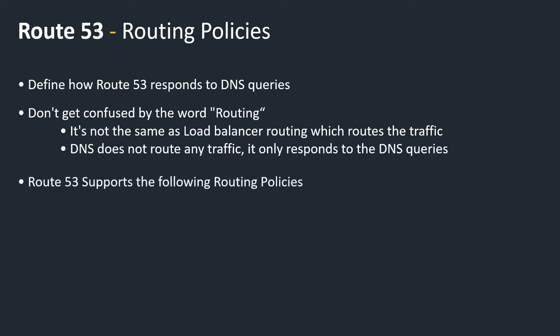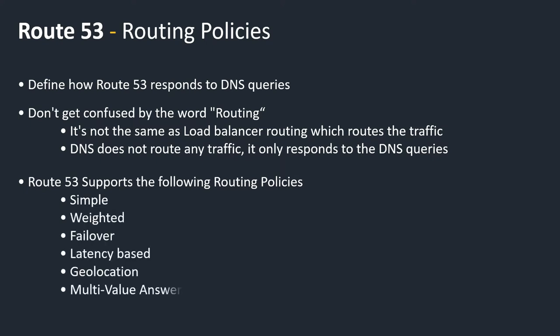Route 53 will support the following routing policies: simple, weighted, failover, latency based, geolocation, multi-valued answer and geoproximity. And we are going to have a look at some of these in this session.